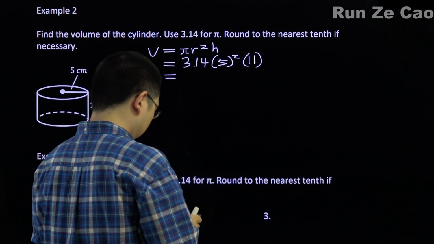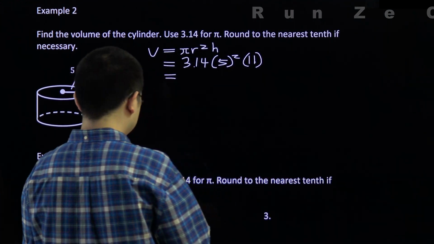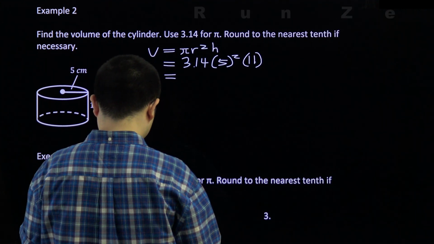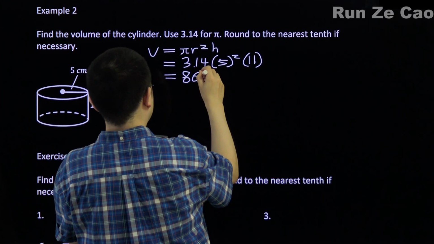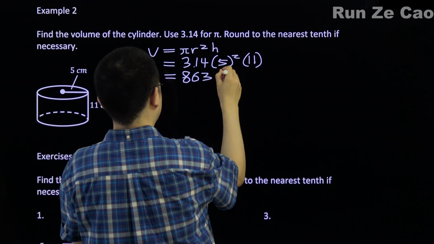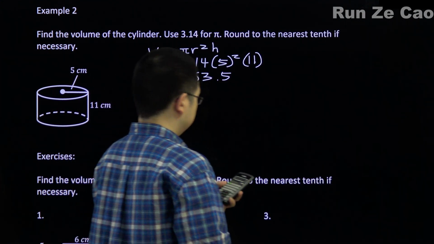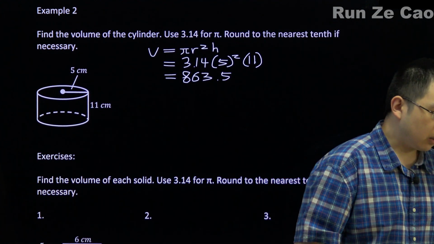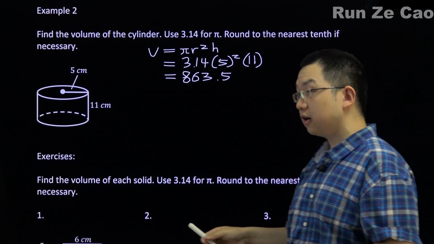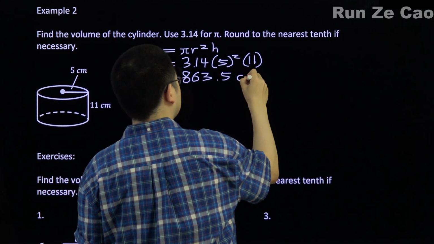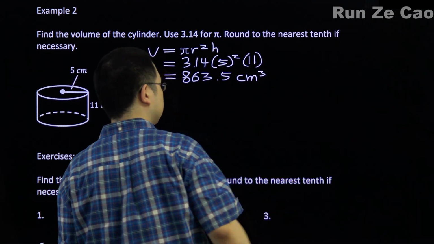So we're looking at 5 squared times 11 times 3.14, 863.5. What are the units? Oh, it was centimeters squared times centimeters, therefore, of course, it has to be centimeters cubed.